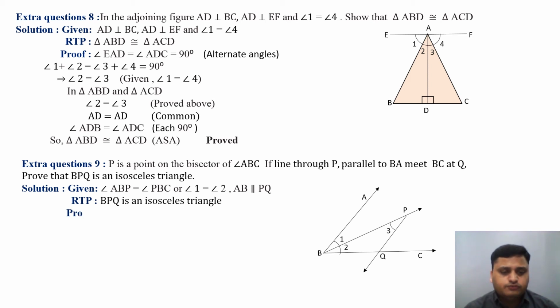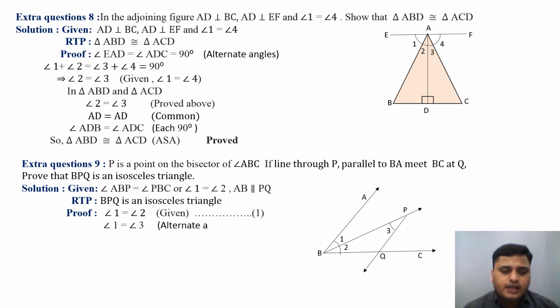Let's begin the proof. We will use the given one. Angle 1 is equal to angle 2. This is given. AB is parallel to PQ and PB acts as a transversal, so angle 1 is equal to angle 3. The reason is alternate interior angles.